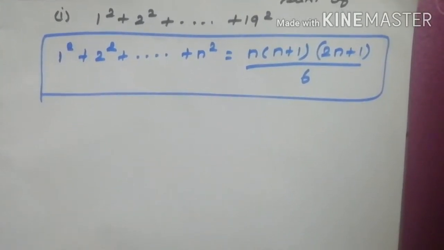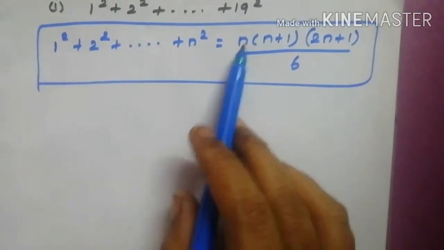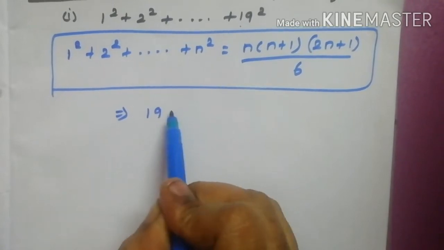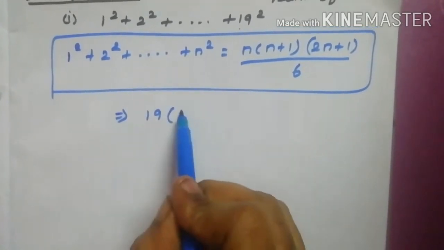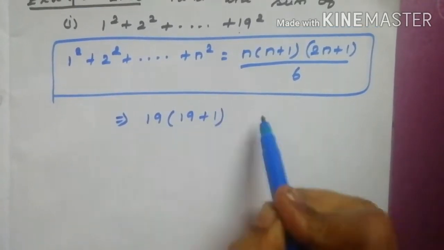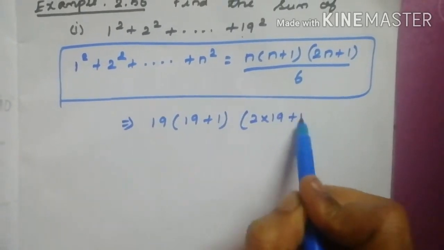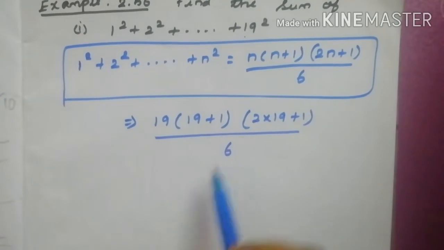This is our formula. Here instead of n we have the number 19. So 19 into 19 plus 1, 2 into 19 plus 1, by 6.